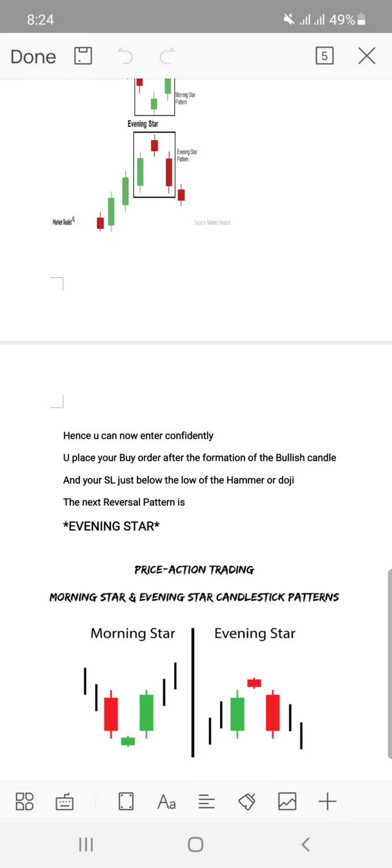Then we went to the two candlestick patterns: bullish engulfing, bearish engulfing, tweezer tops, tweezer bottoms, haramis, and inside bar patterns. Now we have gone to the stage where you can combine three candles: the morning star and the evening star.